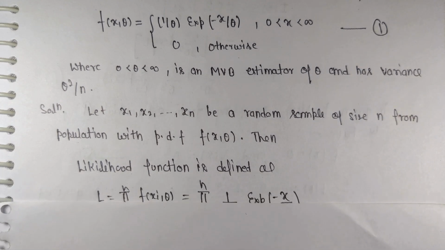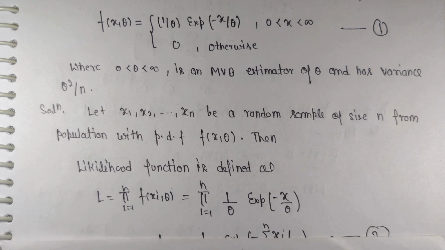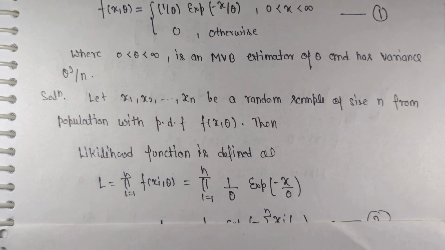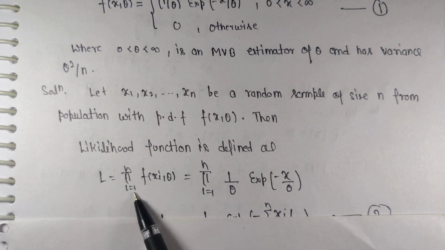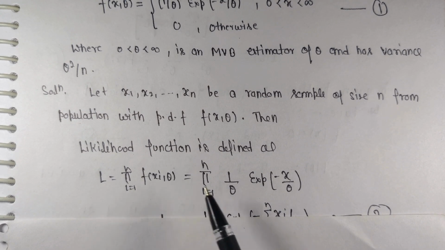Then the likelihood function is defined as the joint density. Now you can see here, L is equal to the product of f(xi, theta), and now we can simply put in the value of f(xi, theta).